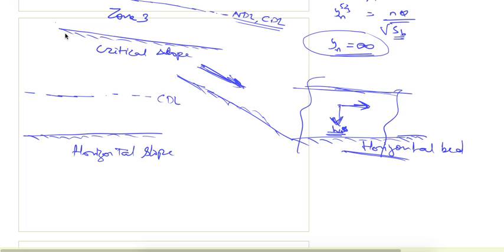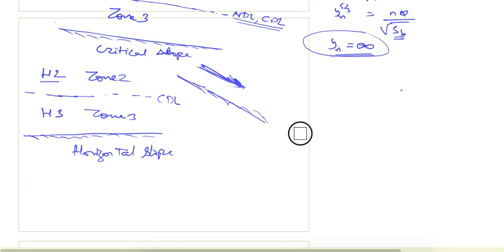So we don't define the zone 1, because zone 1 would be above the NDL. Since we don't have the NDL, we cannot define zone 1. So here only zone 2 and zone 3 will occur, and for this horizontal slope, if the flow profile is occurring in zone 2, we define it as H2, and in zone 3 we define it as H3.